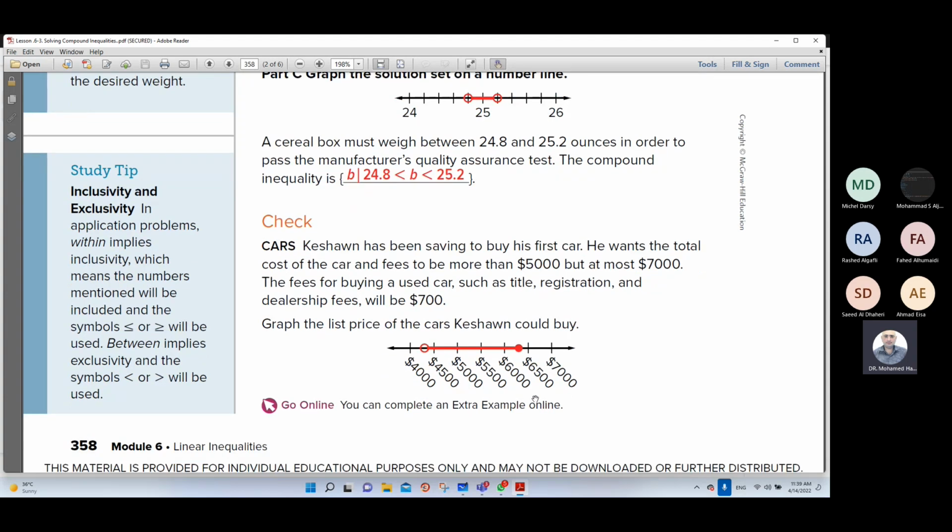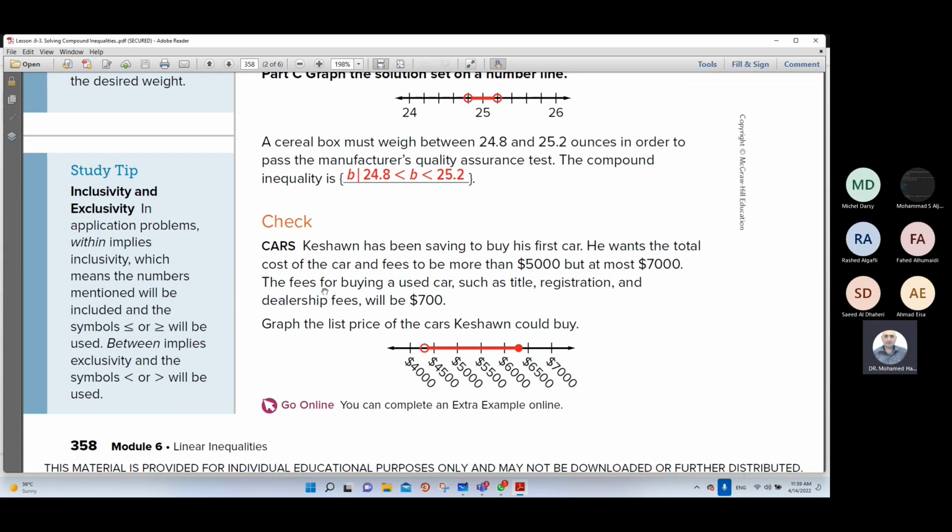And this example here, the same idea. Kishman has been saving to buy his first car. He wants the total cost of the car and fees to be more than 5,000, at most $7,000.